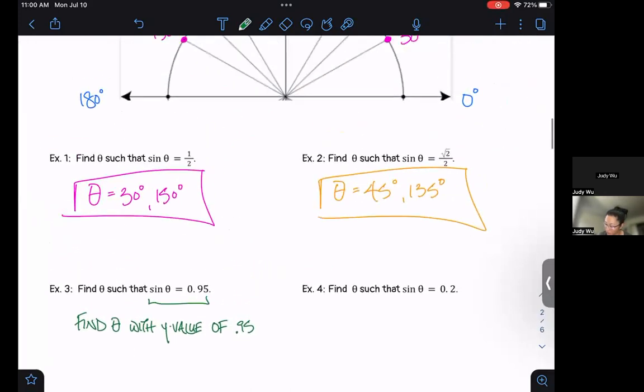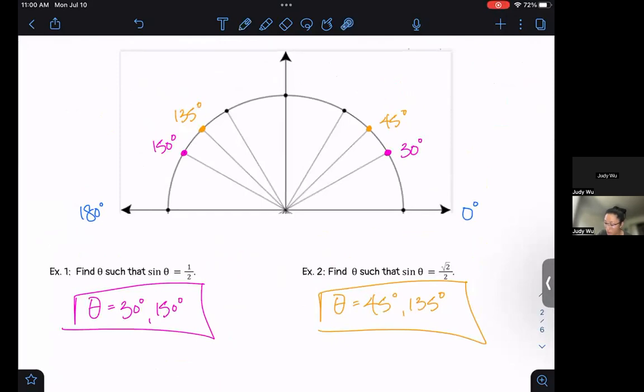So if we go up to our unit circle, hopefully remember that this has a y value of 1. So an angle that has a value of 0.95 is actually probably somewhere here, but then also somewhere over here, right? Let's see if I can get that to go nice and connected to the origin.